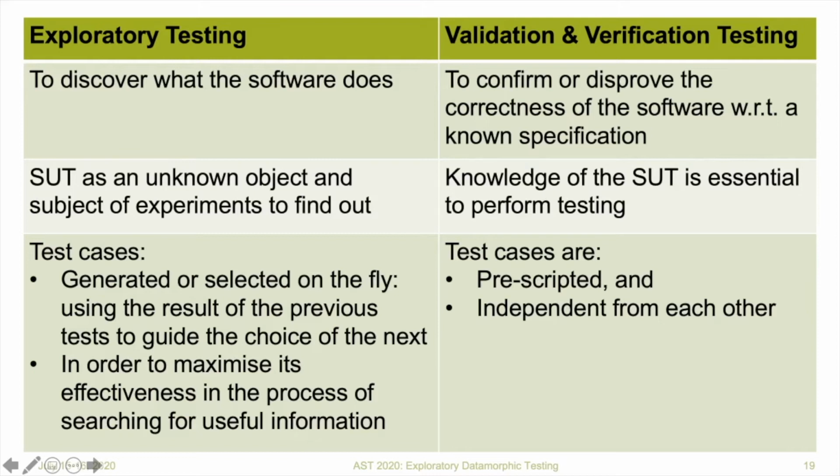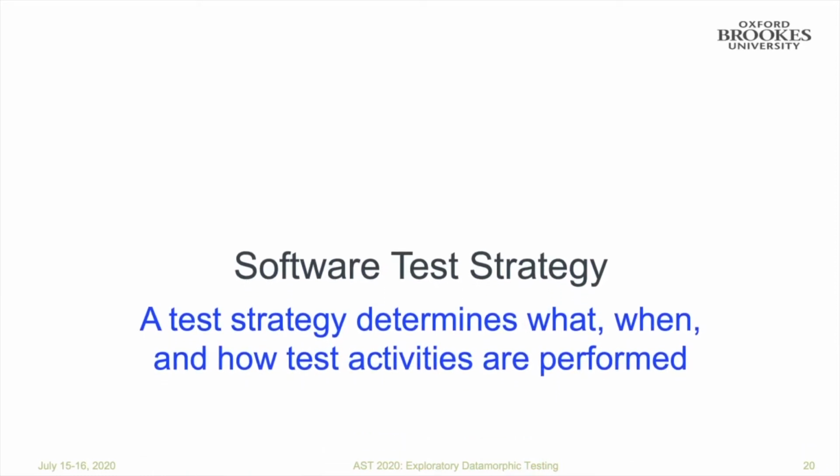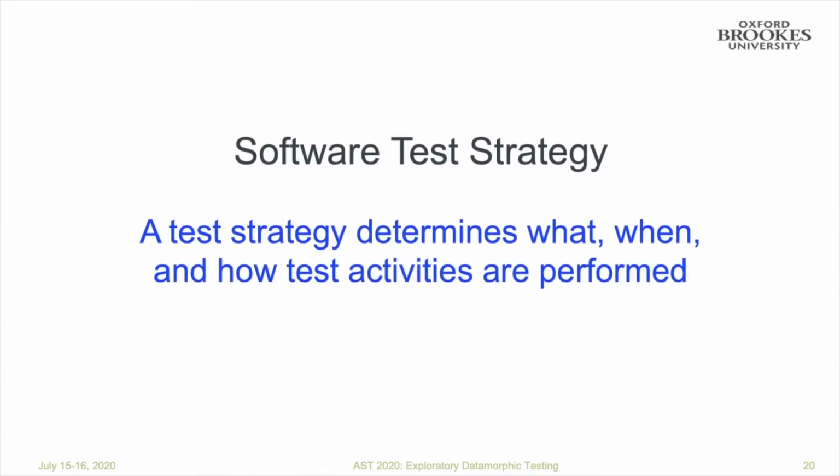They are used to guide the choice of the next test cases rather than treat the test cases as independent of each other. Whittaker pointed out, for exploratory testing to be effective, it is important to follow certain test strategies. Generally speaking, a test strategy determines what, when, and how test activities are performed.